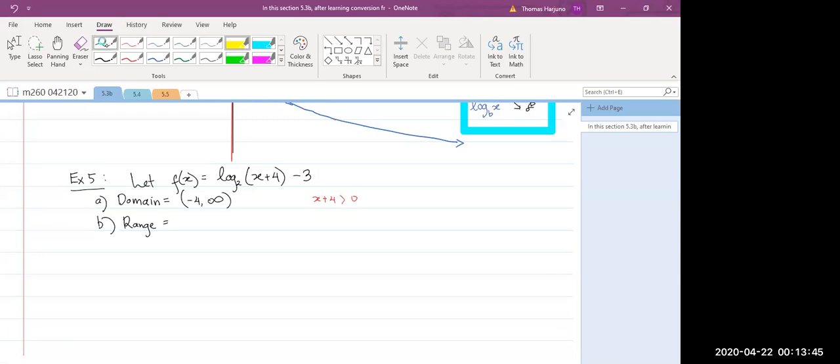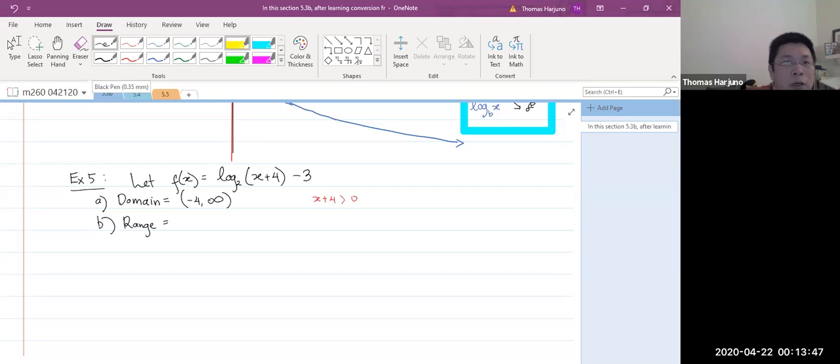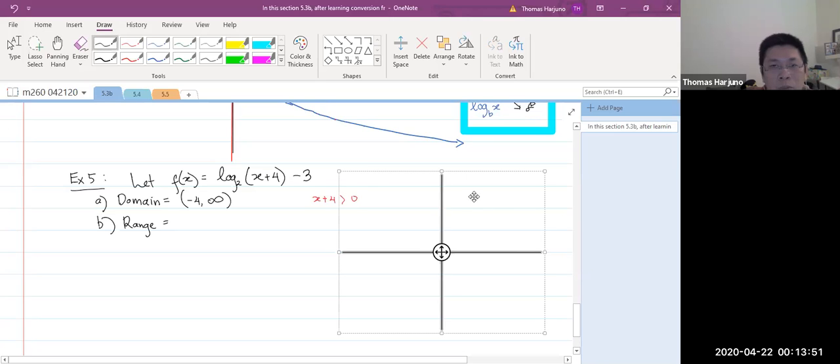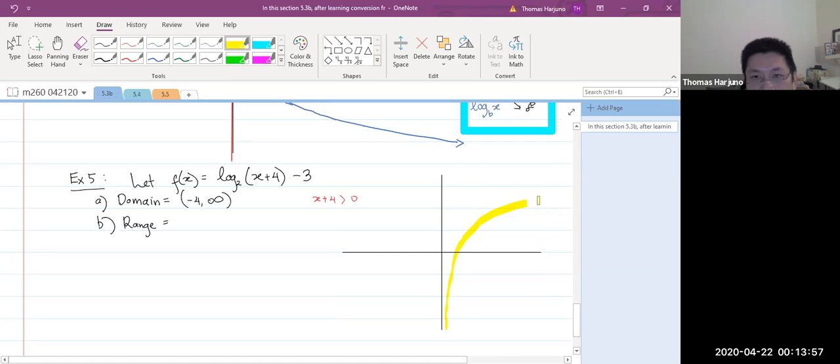Maybe I put it this way, just to imagine what the graph looks like. Suppose this is what our log base 2 of x looks like.